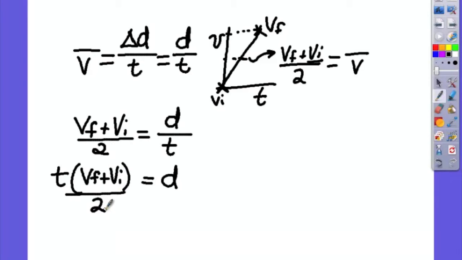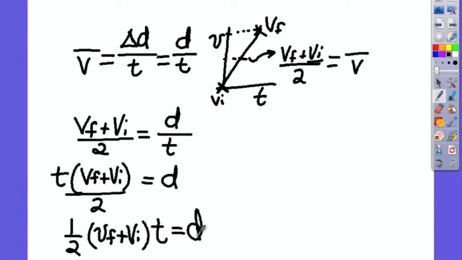So our displacement is going to be 1/2, since that 2 is in the denominator, v final plus v initial, there's our average velocity, half of v final plus v initial, times the time, and that will be equal to the displacement. And here we have the second motion equation for constant acceleration.